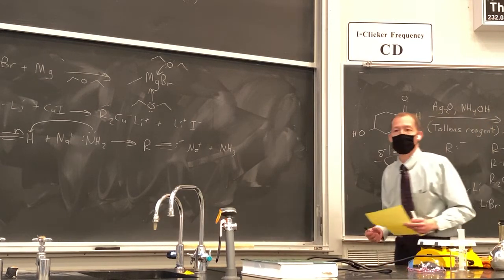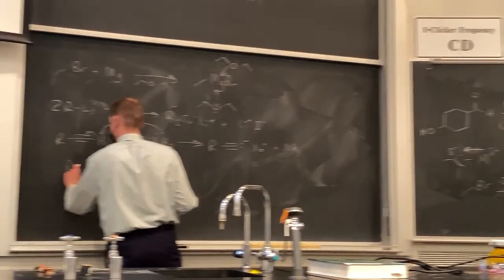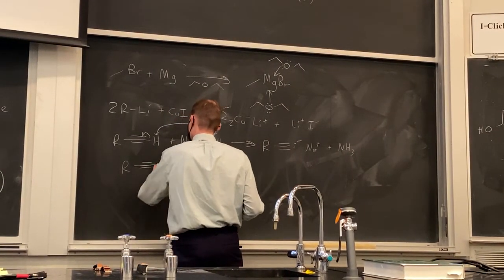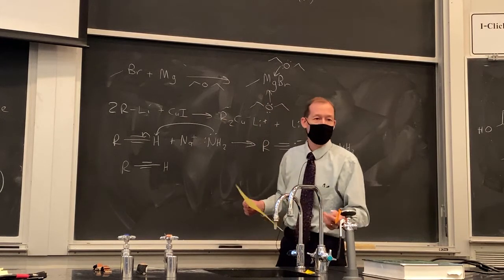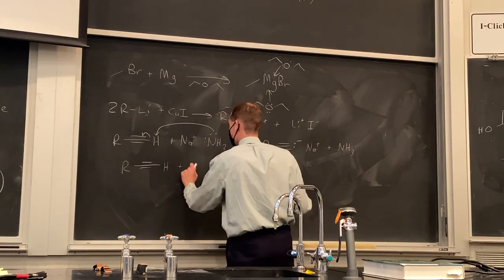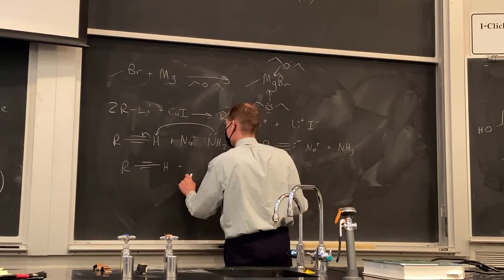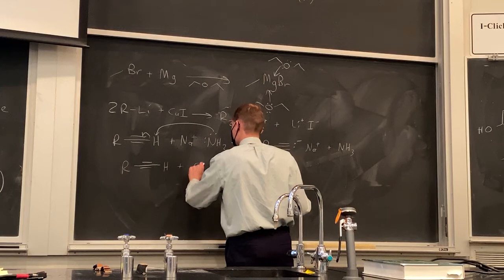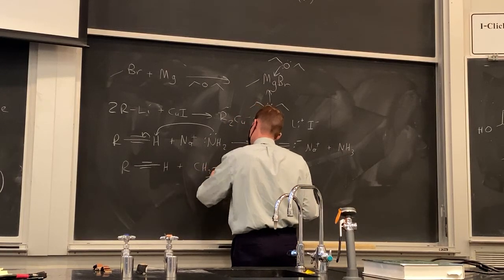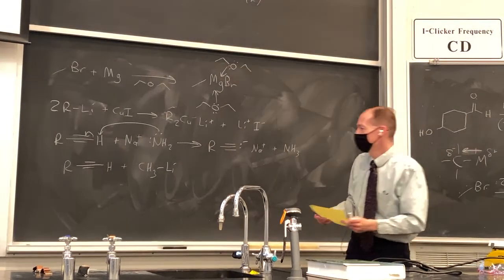Okay. We can also make lithium acetylides. We can take, and this is an alternative way that works just for alkynes. It doesn't work for other types of organometallics, but because terminal alkynes are more acidic than other types of hydrocarbons, we can take an organolithium such as methyl lithium.